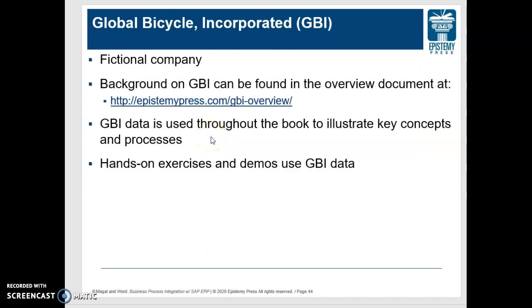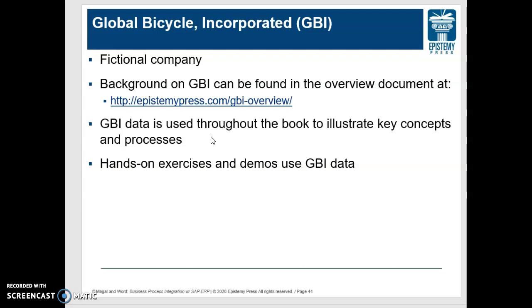As I said, in this course, we're going to be using SAP, and we're going to be using a case with Global Bicycle Incorporated, so GBI, and every week we are going to be focusing on a different process, whether it's buying, so the procurement process, making, so the production process, selling, accounting, warehousing.